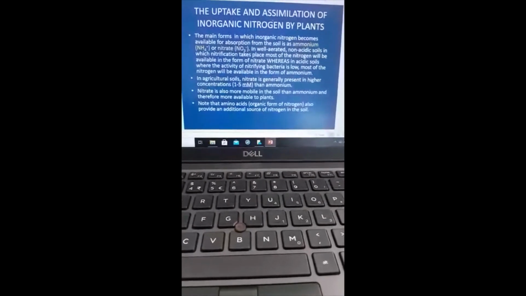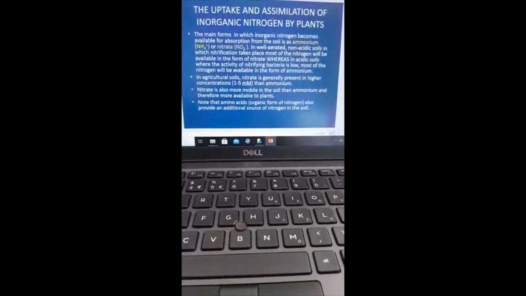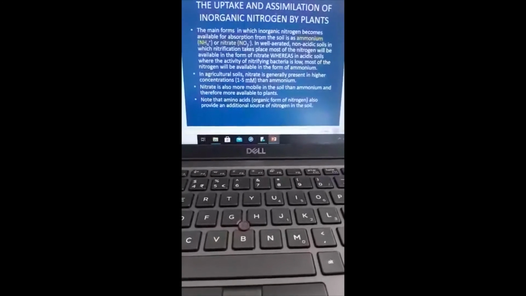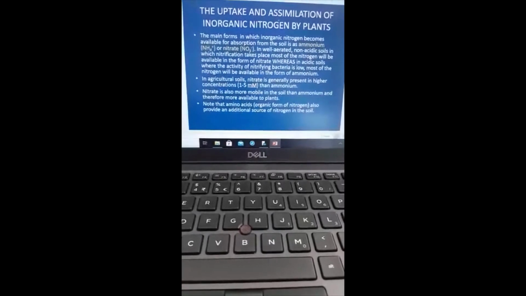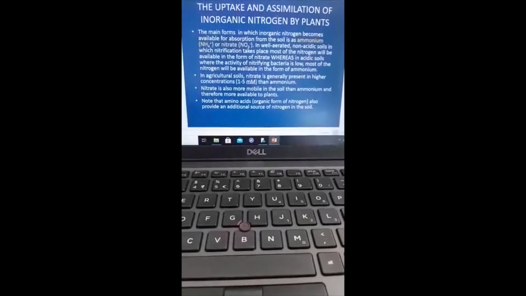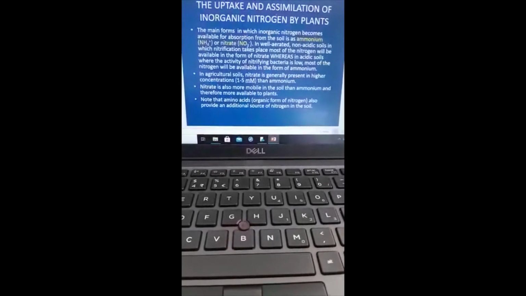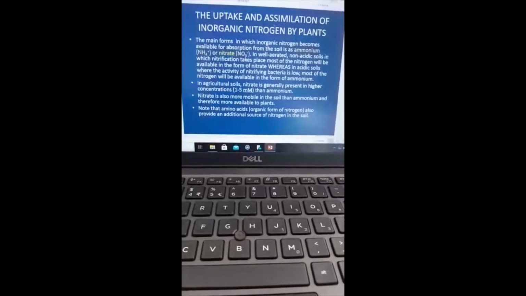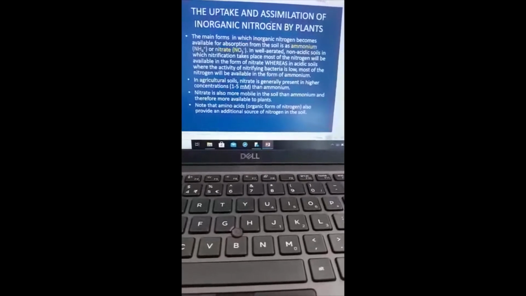Remember that in the past slides, we concentrated on the cycling of nitrogen in nature. And as part of that cycling, we spent quite a great deal of time on the process of nitrogen fixation.